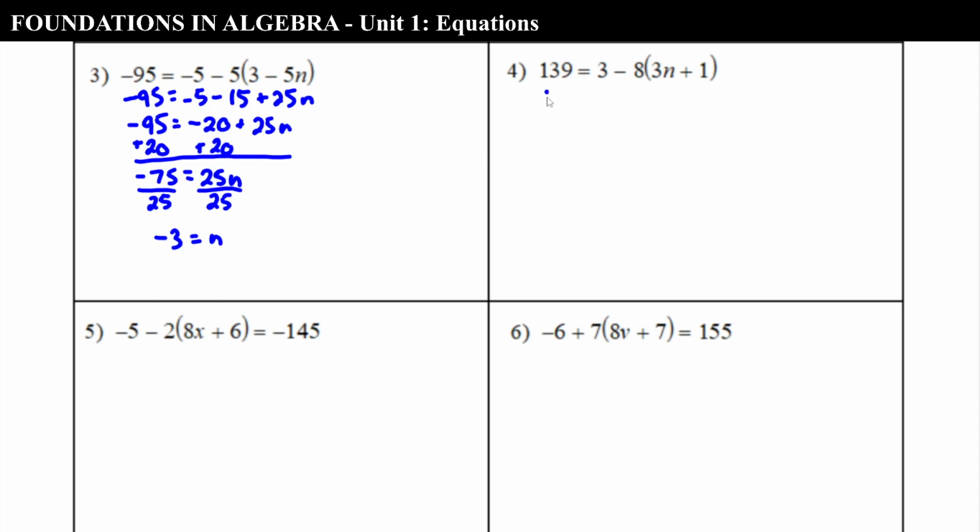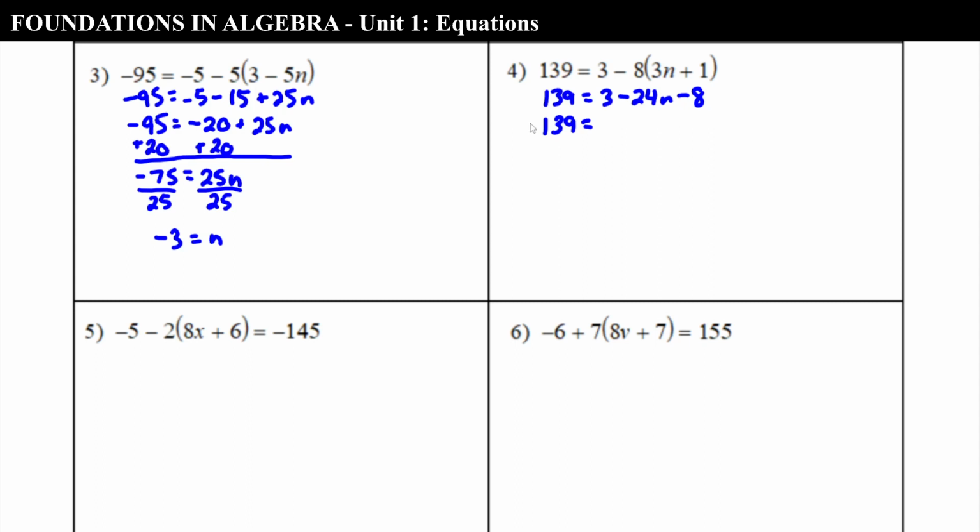All right, number 4, we got 139 equals 3 minus, we're going to distribute here, minus 24n. Negative 8 times 1 gives us negative 8. Combine our like terms. 3 minus 8. So I owe you $8. I give you 3.